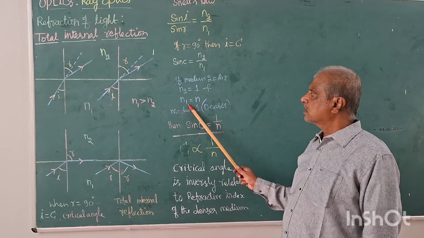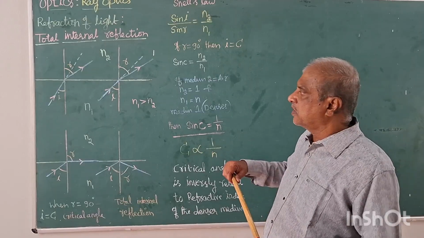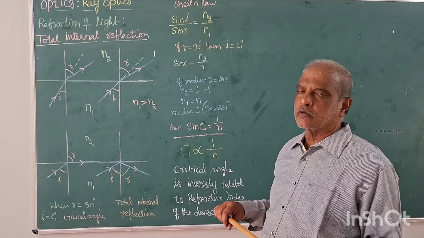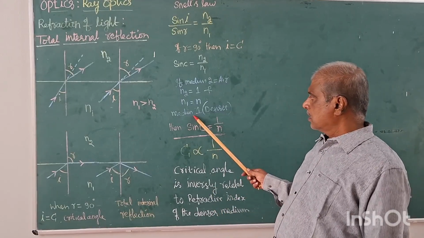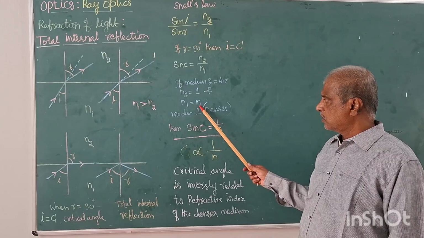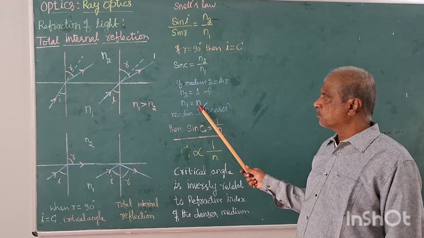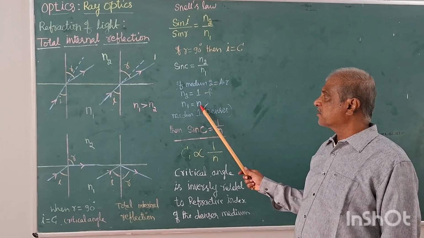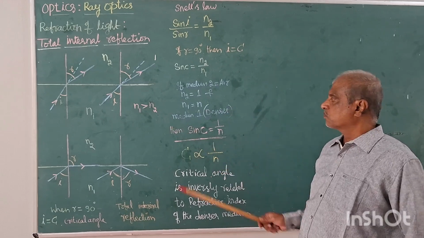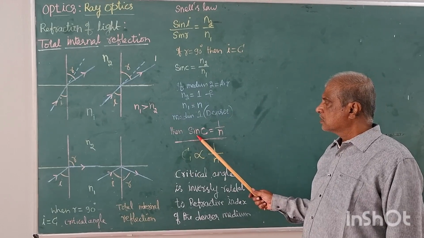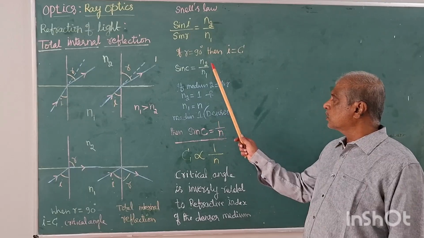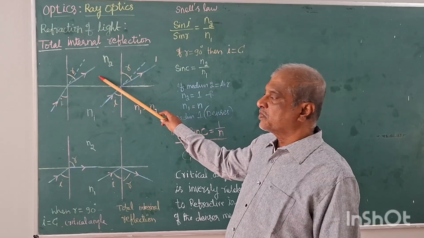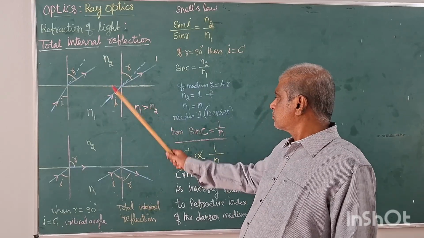Let N1, the refractive index of the denser medium, the first medium, which may be water, liquid or solid, be called N. Then the equation finally becomes sin C equals 1 by N, with n2 equal to 1, for a pair of media involving air as the rarer medium.